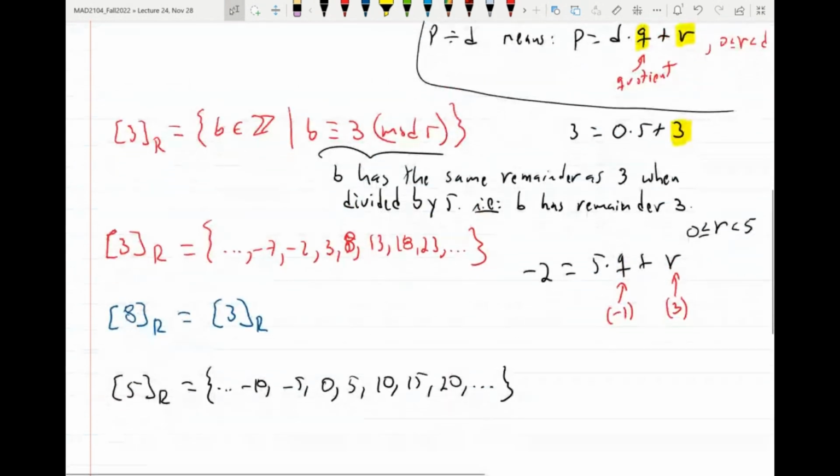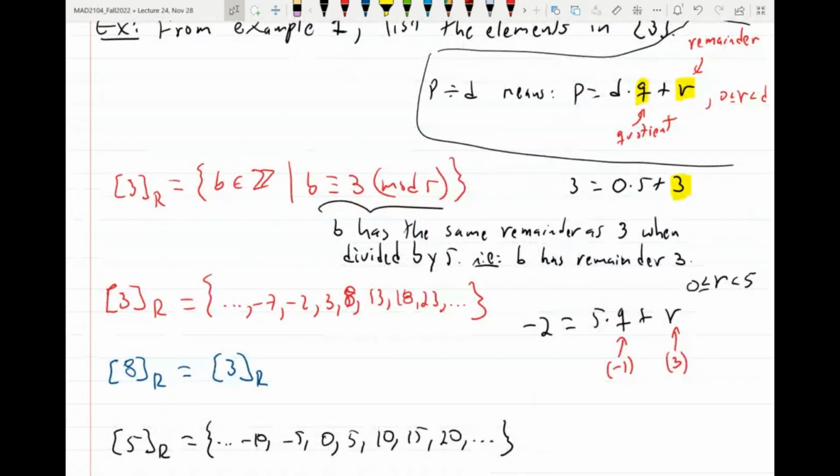Now that we have seen this, if two numbers have different remainders, then they have their own class. How many different equivalence classes are we going to have according to this relation? Wait, one more definition. Because of this, notice that these two guys represent the same set, right? Here I'm using 8, here I'm using 3, but they are the same set.